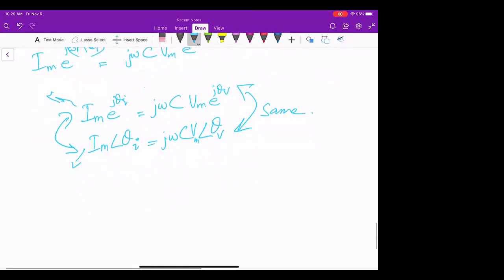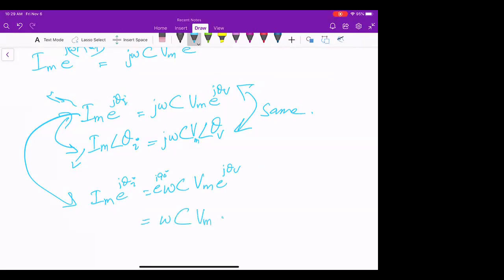Okay, so when I'm seeing this, I'm dealing with the voltage-current relationship. Now if you see, if I replace j with e^(j90), this will become omega C Vm e^(j(theta V plus 90)), and Im e^(j theta I).